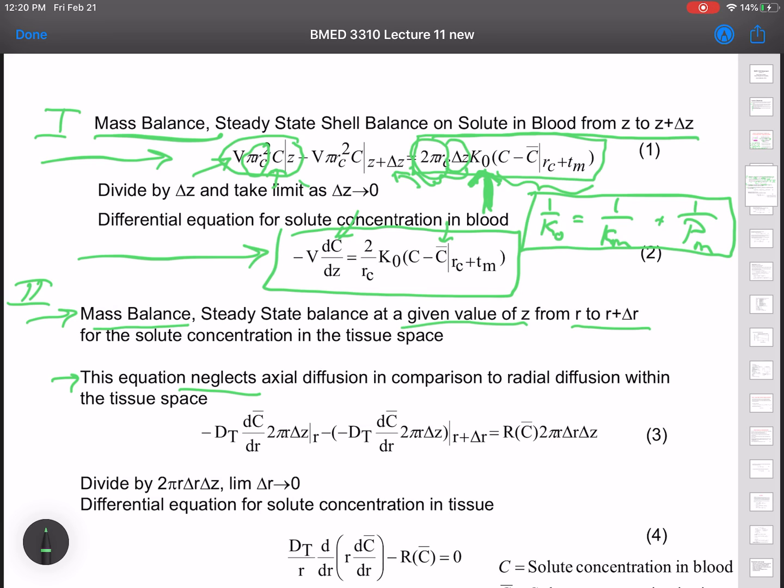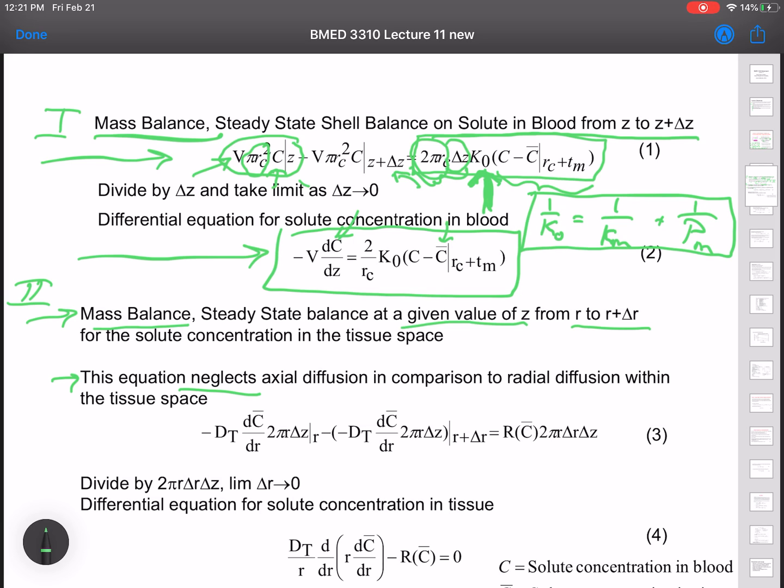So, in English, for my brain, that means that we know that there's blood flowing through this capillary. We know that it's moving down through the capillary tube. And so there is some diffusion also going in that direction of the blood flow, but we don't care.